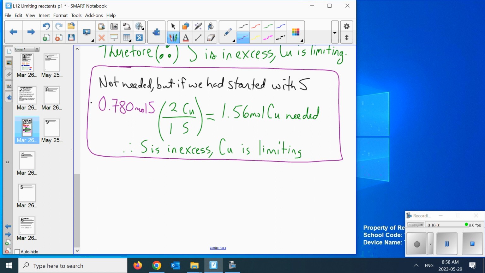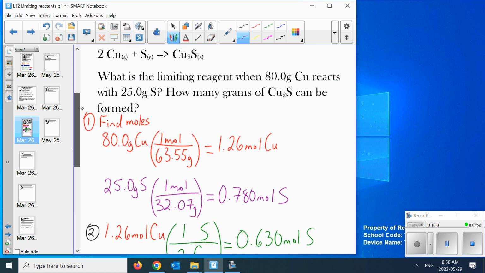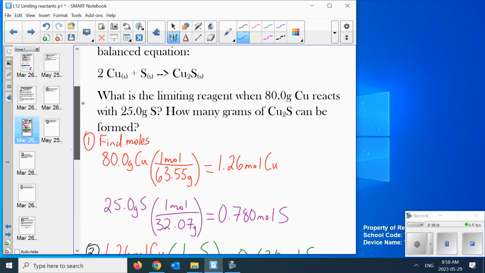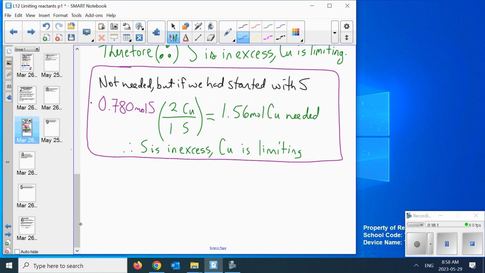What will we ask for, I guess? In this case, how many grams of copper(I) sulfide can be formed? Always use your limiting reagent.